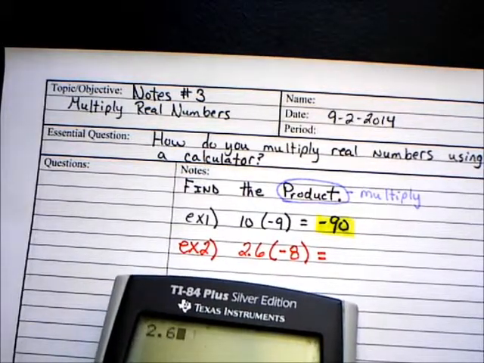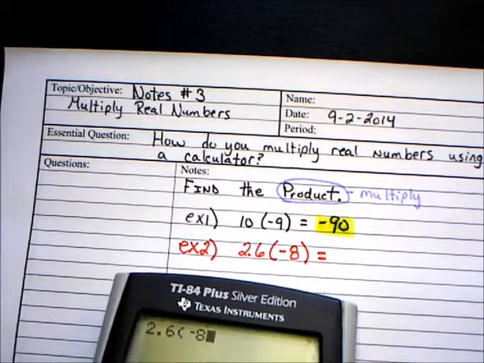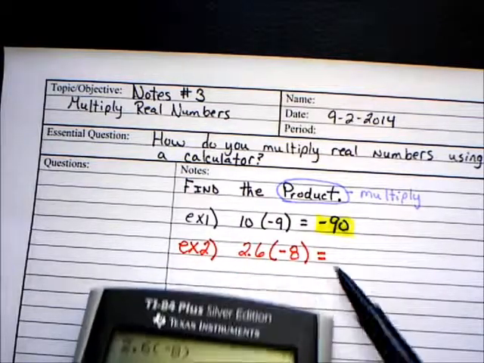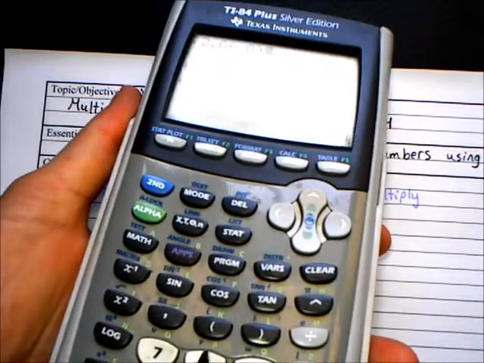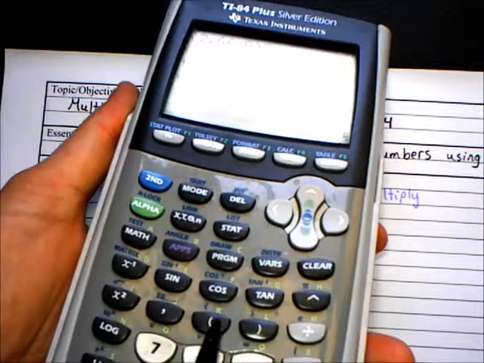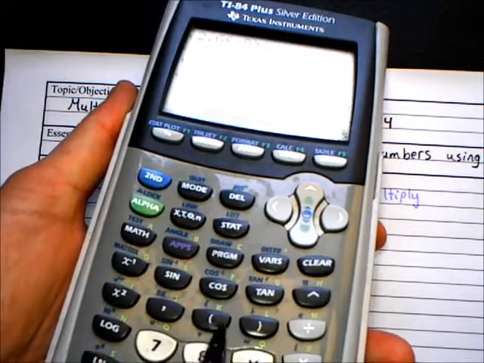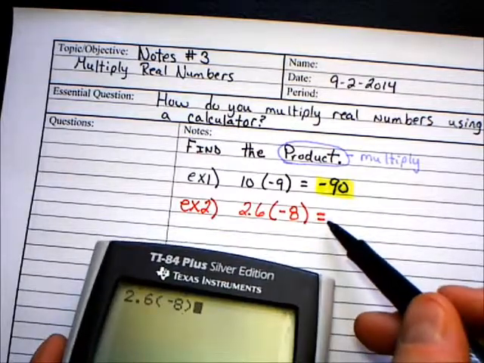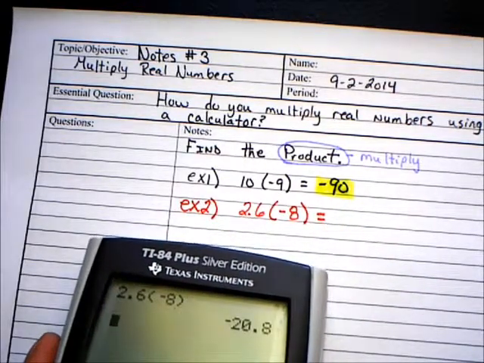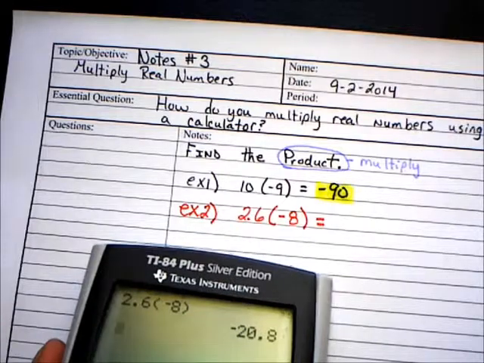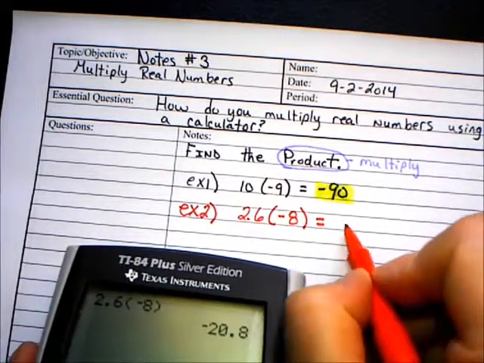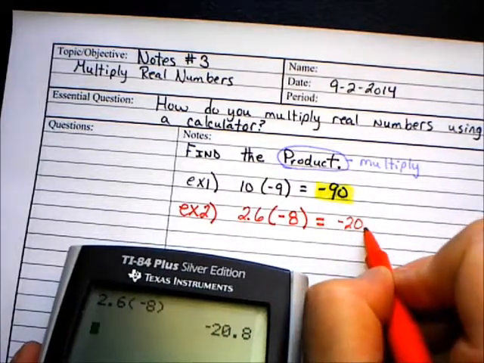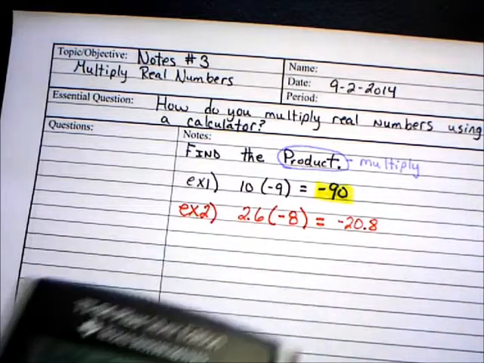So I have 2.5 parentheses negative 8 and close your parentheses. Remember, your parentheses are located above the 8 and the 9. You're opening and closing parentheses. And then to push enter, the enter is my equal sign. This comes out to be negative 20.8, my final answer, and I'm going to highlight that.